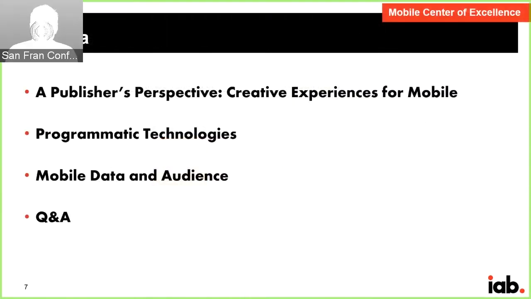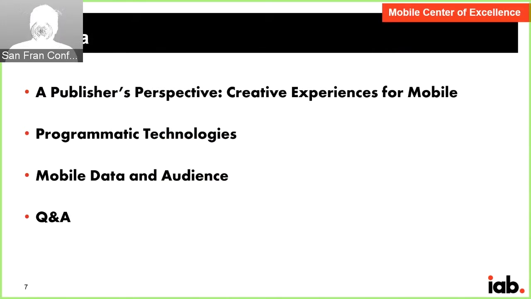So today we're going to focus on sharing some best practices and case studies on what has been working for publishers, and we'll cover 3 different aspects of publisher monetization: creative, technology, and data. We'll hear first from a publisher and see how they have adapted to the mobile always world and are engaging users with creative formats that are native for the mobile experience.